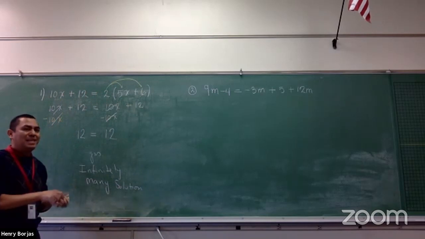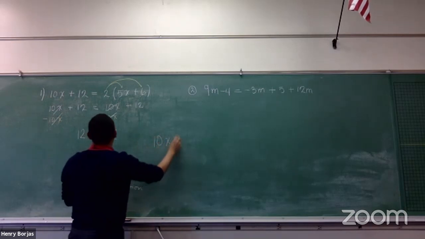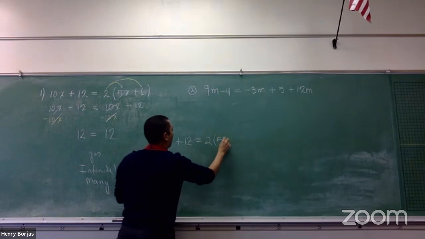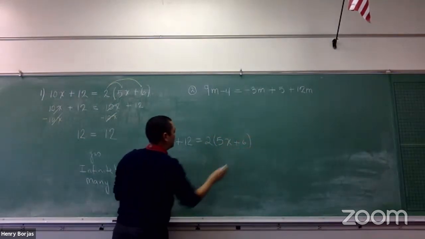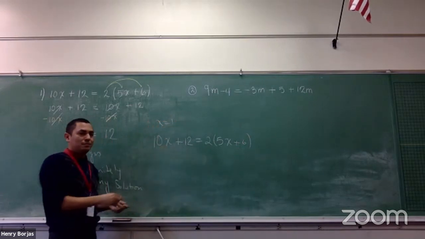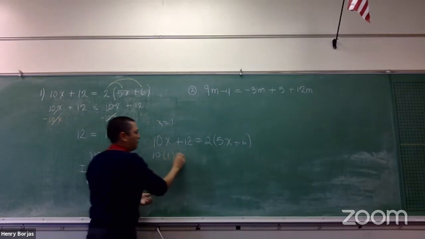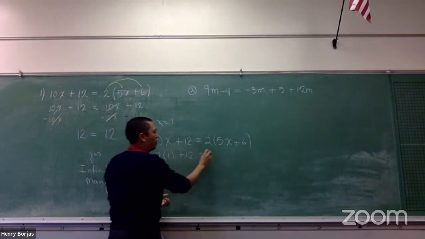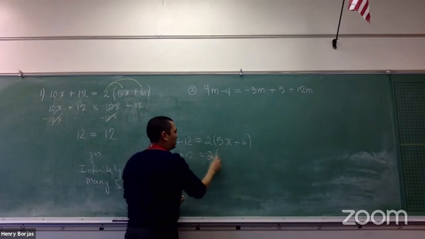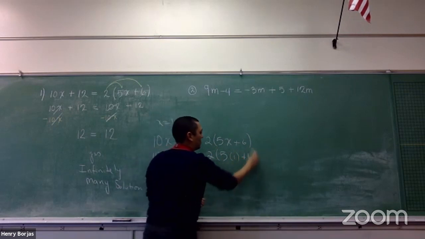For example, let me take the easiest one, 1. I'm going to type here 10x plus 12 equals 2 times 5x plus 6. If x equals 1, I have 10 times 1 plus 12 equals 2 times 5 times 1 plus 6.